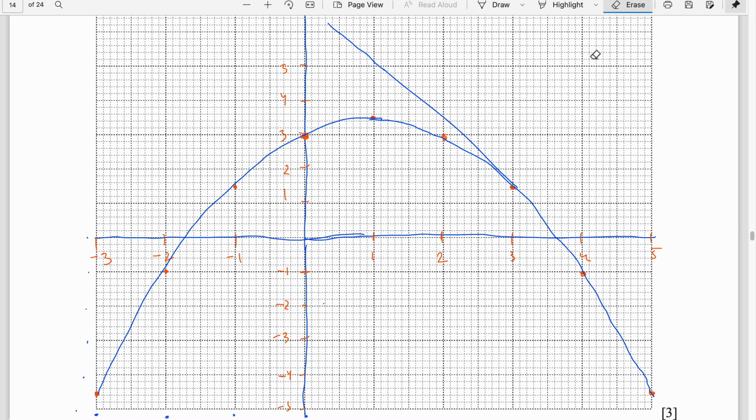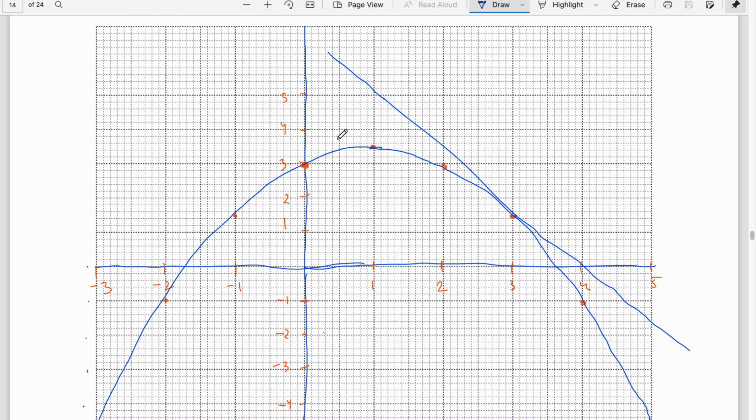And make a few corrections. Okay, so x1 and 5.2, and let me choose this x5 and y minus 1.6.